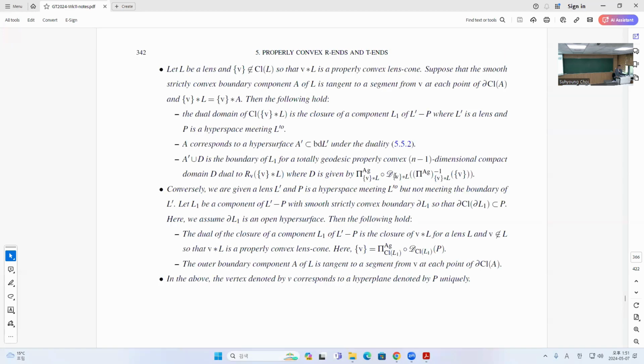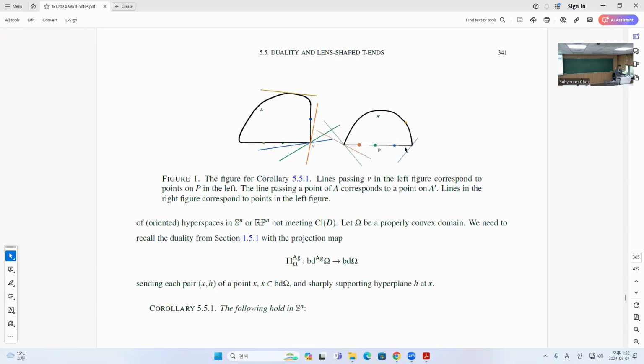Okay, and conversely, if you have a lens L meeting the L0, and this component has strictly convex boundary with the boundary in P, then the dual is actually some kind of a lens cone, and it has all these properties like the above. So you have something like a lens, and then you cut off the top part, then it will be dual to something like this.